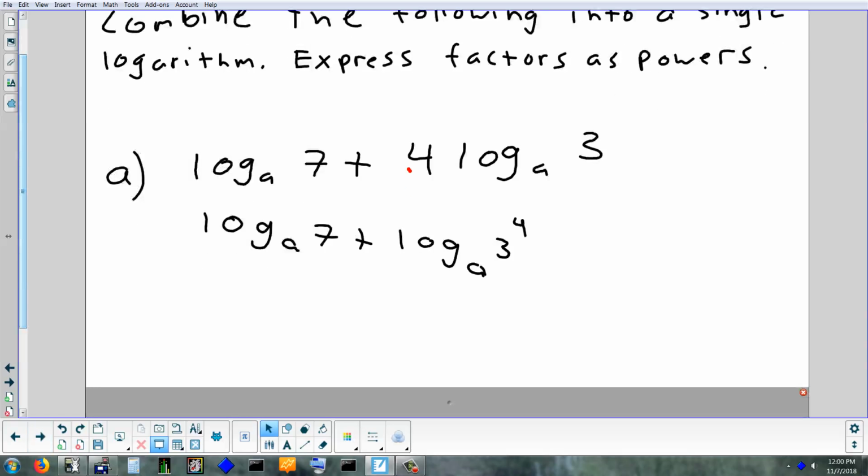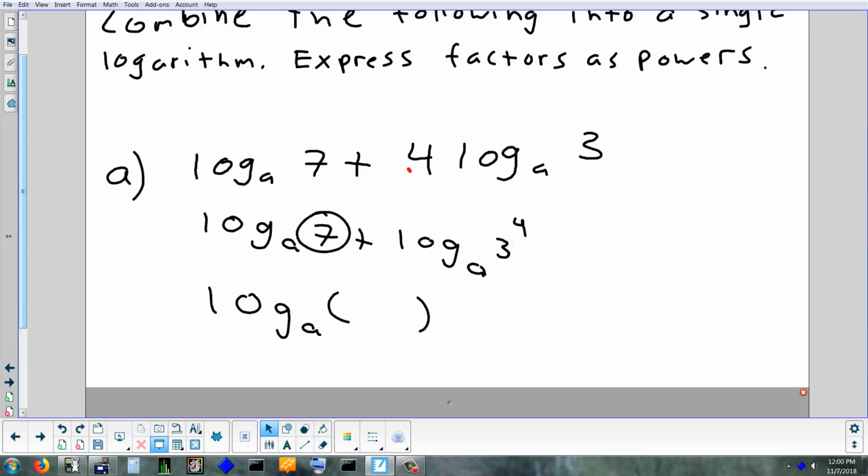This, when we combine it, we're going to have a single log. Rachel, what's going to be the base on my log? A. And I had addition. How does addition recombine? Multiplication or division? Okay.